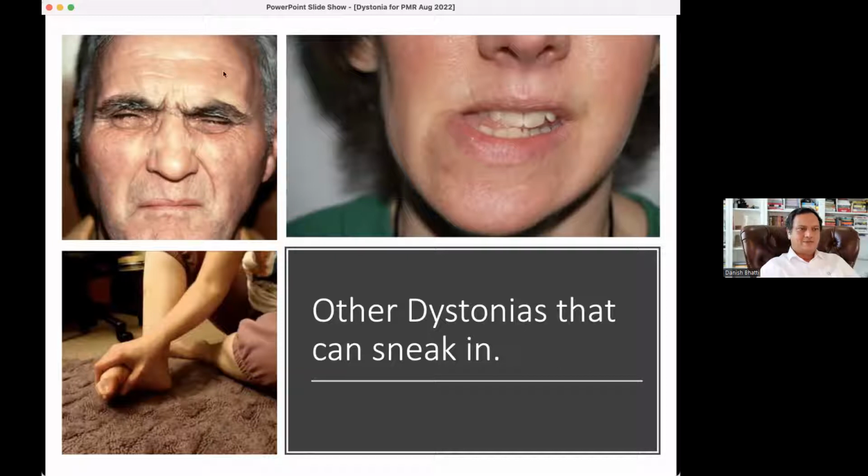And the picture is overexposed. That means that there's a bright light on the face of the patient that might be triggering this facial dystonia. So it will not just be blepharospasm, but upper and lower face both are involved. And on the bottom left is toe curling dystonia, which is again a very, very common dystonia in Parkinson's disease, but can be seen in young onset dystonias, including genetic dystonias like Oppenheim dystonias.